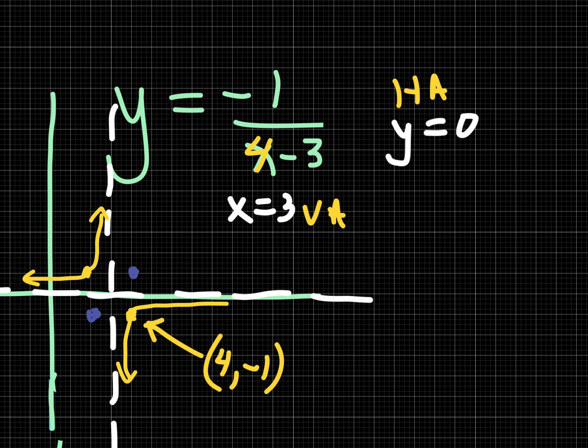Negative 1 divided by 1 is negative 1. Look at that. When you put the 4 in, you get a negative 1. And for this spot here, which is at 2 comma 1, when you stick in a 2 right here, you got negative 1 divided by negative 1, which is positive 1. It works. It makes sense.